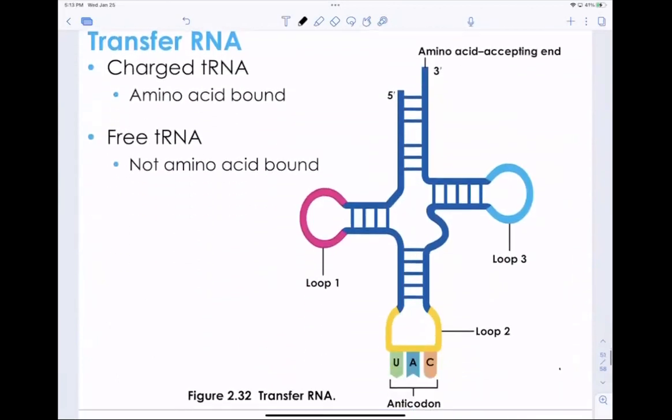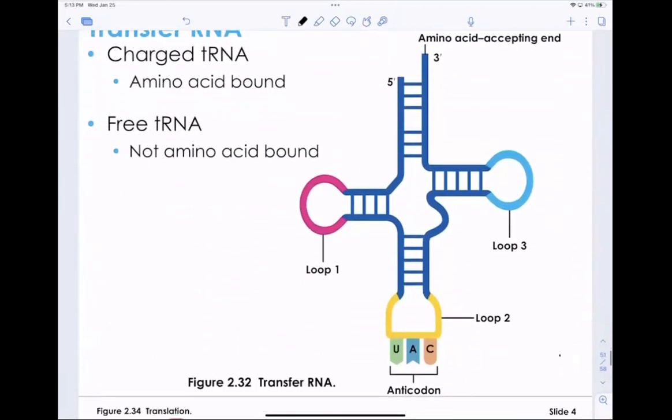These transfer RNAs, they read the codon. So transfer RNA reads codon on the messenger RNA and forms an anticodon for the amino acid.